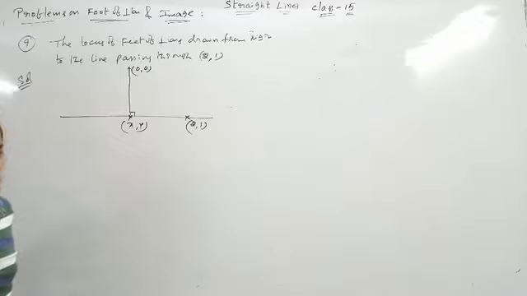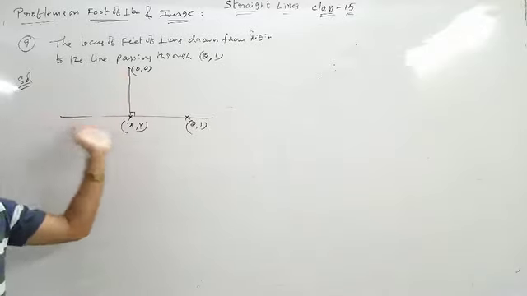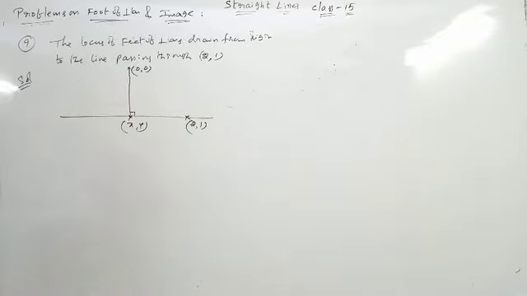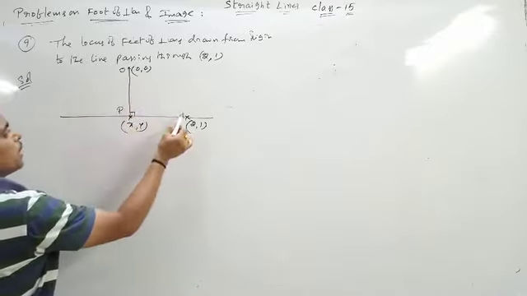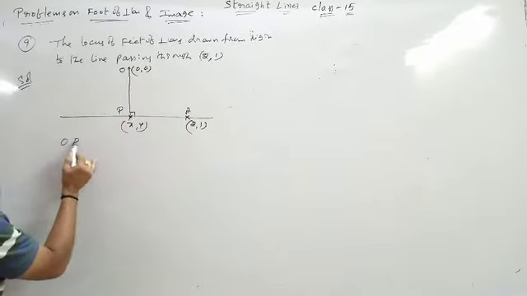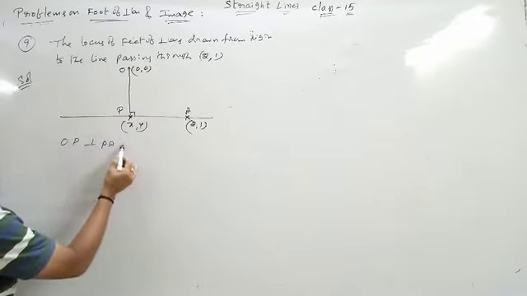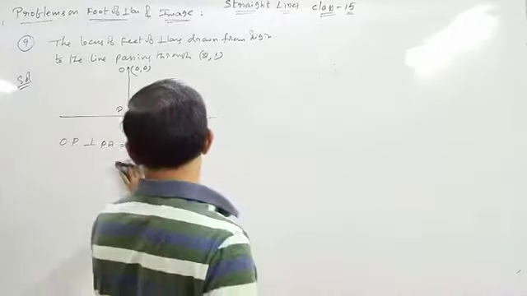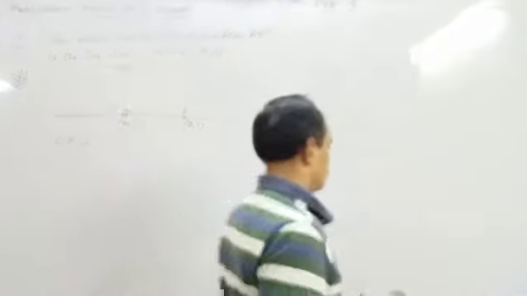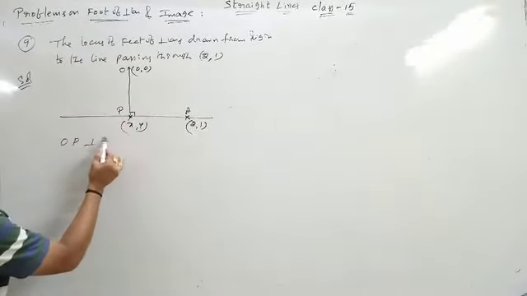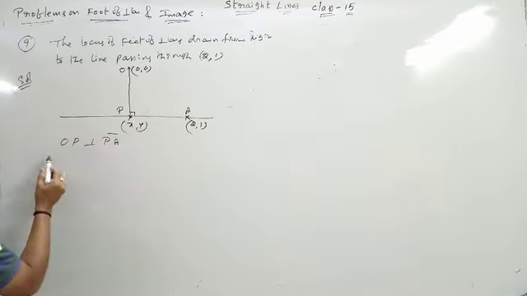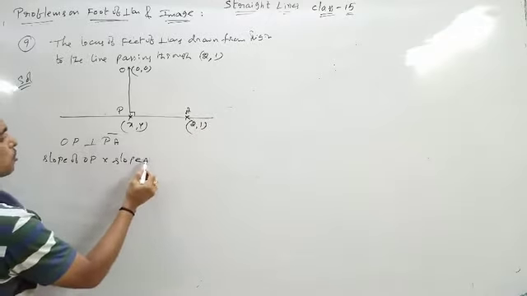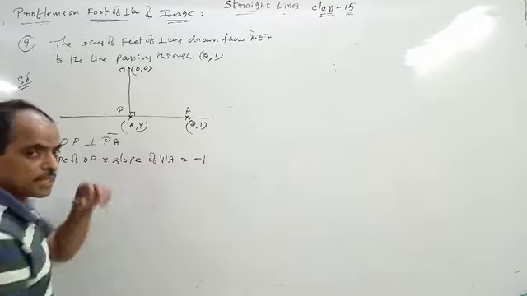There is no necessity to use that formula. Just you see, this line is perpendicular to this one. So whenever two lines are perpendicular, the product of the slopes is equal to -1. So let us suppose OP, and this is A. OP is perpendicular to PA. That implies slope of OP into slope of PA is equal to -1.